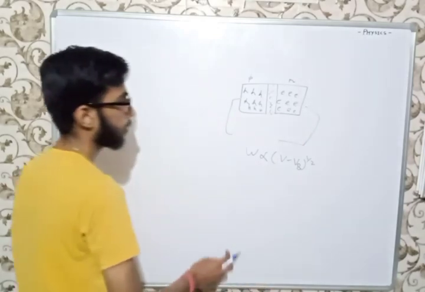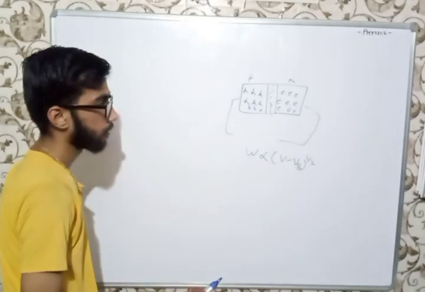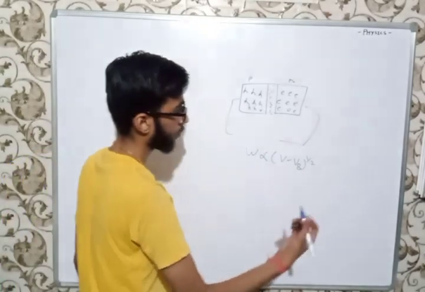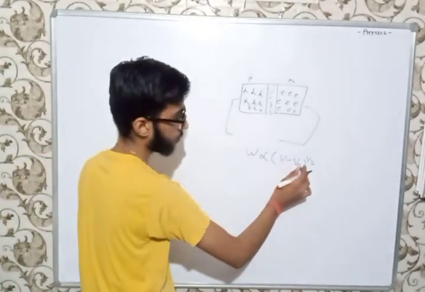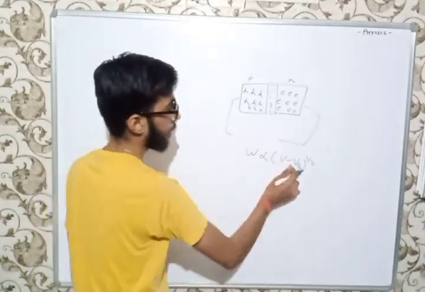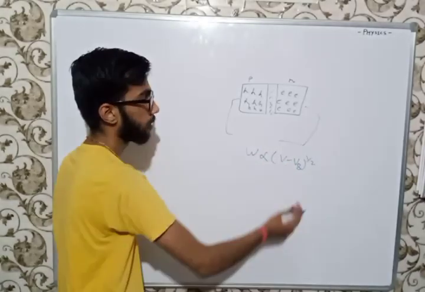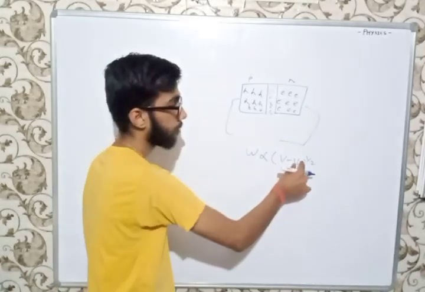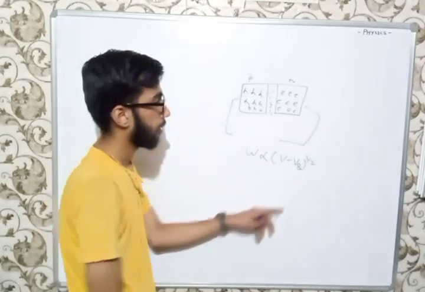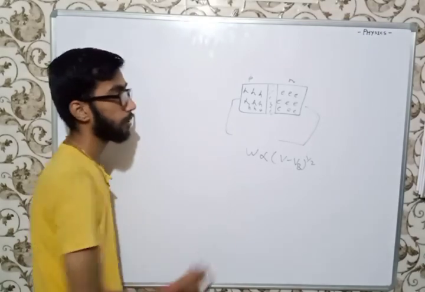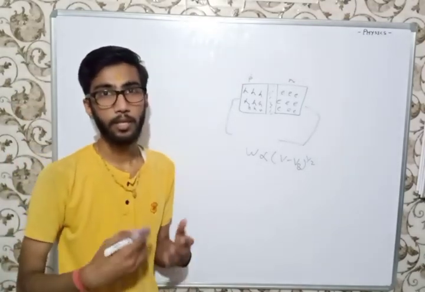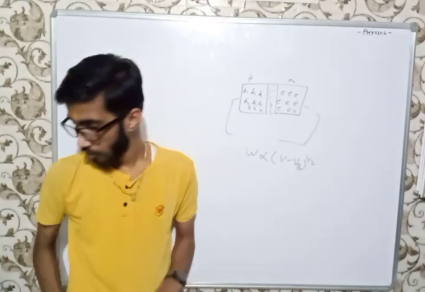So if you use the same battery for both cases, then for forward biasing, V minus VB will be smaller, whereas for reverse bias, V minus VB will be greater, because in reverse bias V is negative. So negative and negative becomes positive, and this quantity will increase. So the depletion layer in reverse bias is larger than the depletion layer in forward bias.